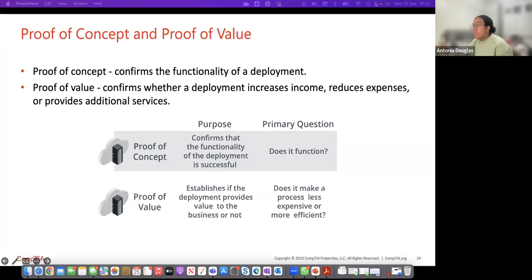But it establishes whether the deployment provides value to the business. Now, that value can be determined as a cost saving, time saving, extended or additional services that were previously unavailable, or other criteria that are meaningful to your organization.